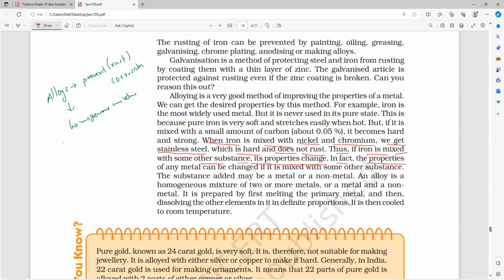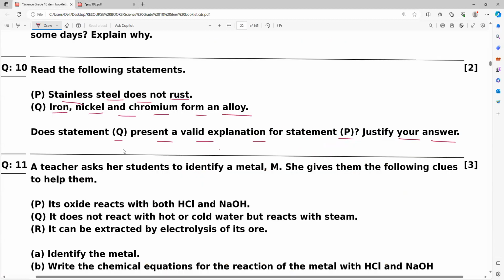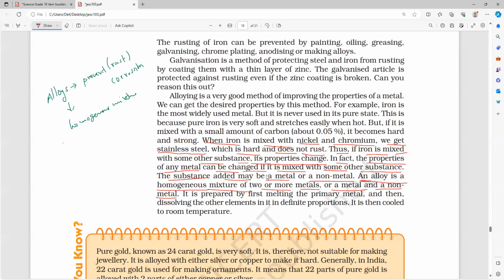In fact, the properties of any metal can be changed if it is mixed with some other substance. The substance added may be a metal or non-metal, and most important, an alloy is the homogeneous mixture of two or more metals, or a metal and a non-metal. So according to here, stainless steel does not rust because iron, nickel, and chromium form an alloy. Iron, nickel, and chromium will form stainless steel.